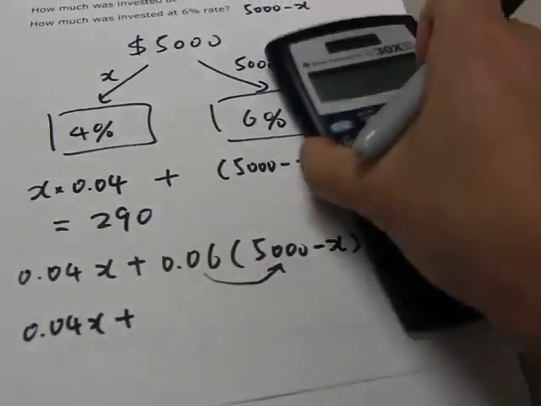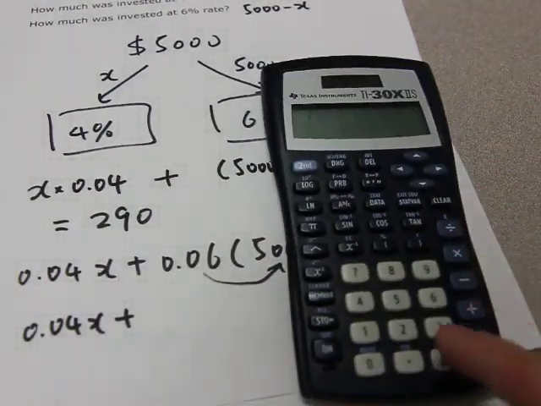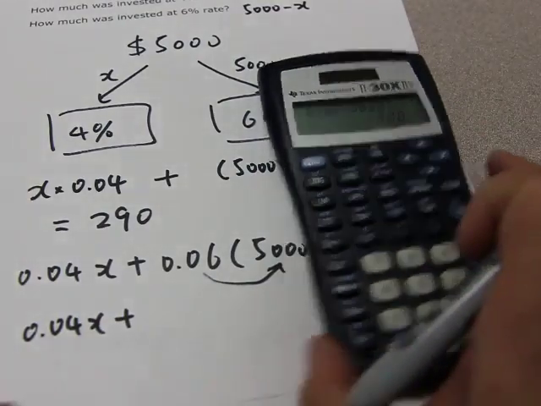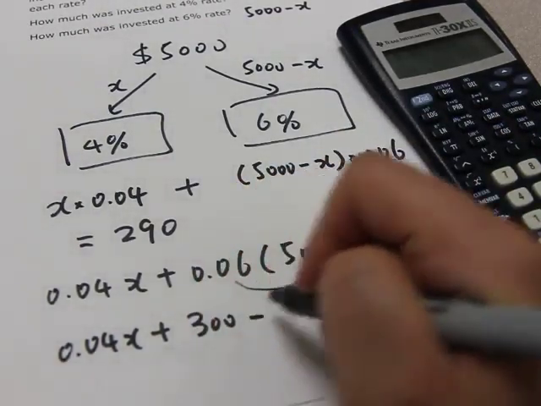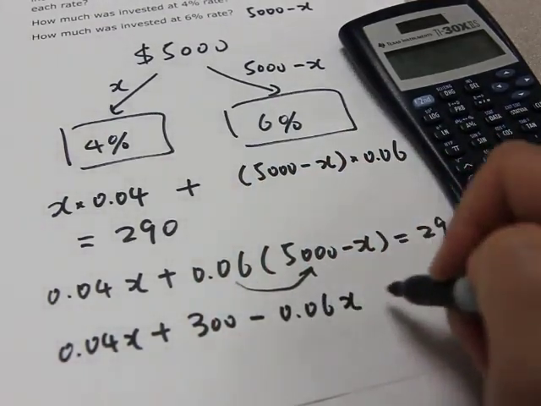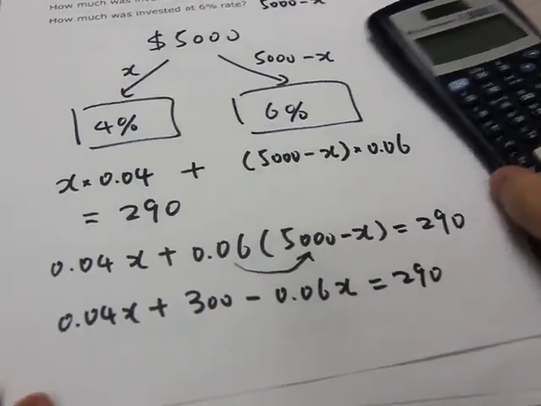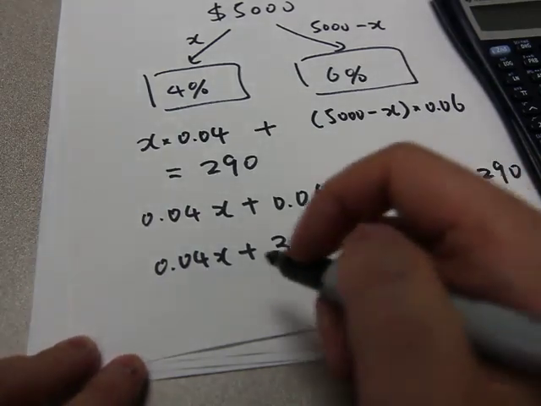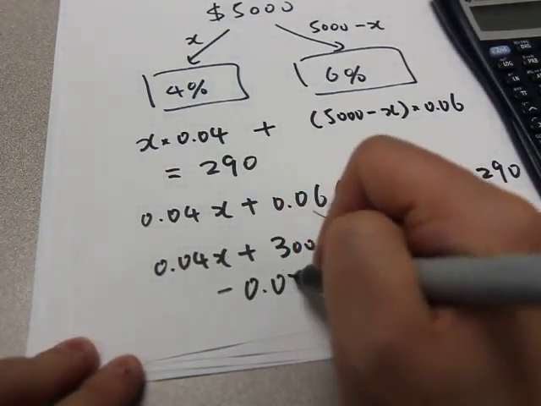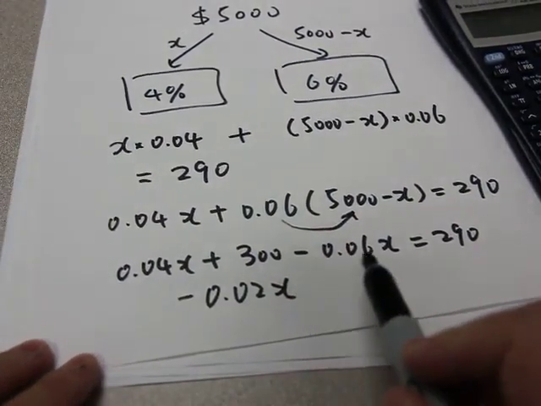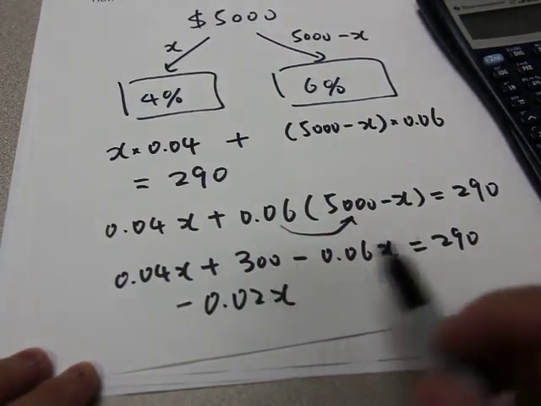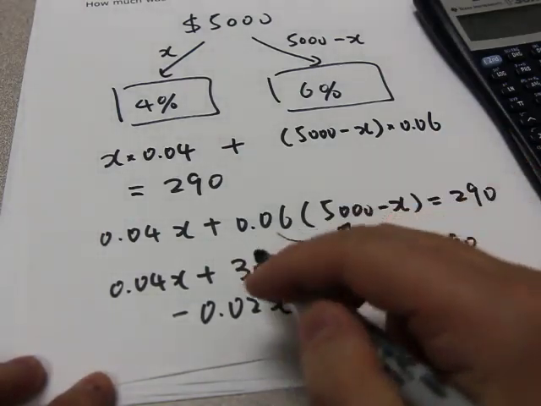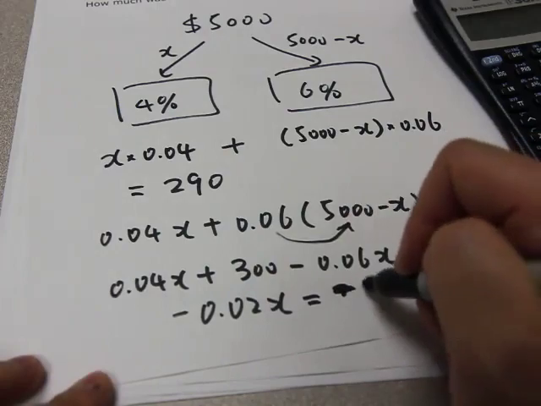So that will give us 0.06 times 5,000, so that's 300, and minus 0.06x equals 290. So 0.04x minus 0.06x is negative 0.02x. And if we subtract 300 from both sides, we have 290 minus 300, so that is negative 10.